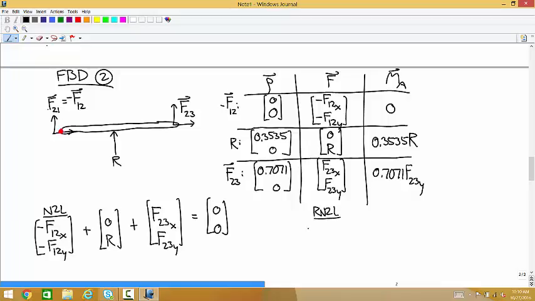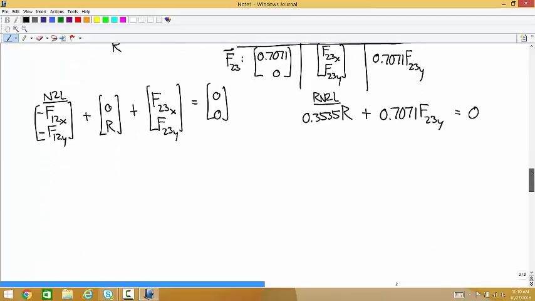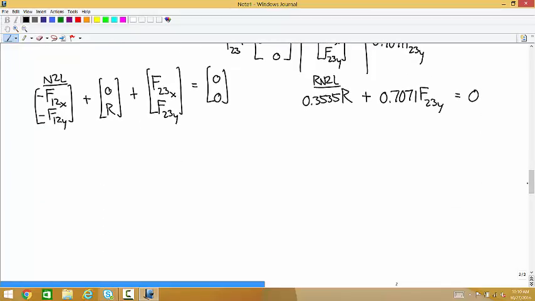And the moment equation says 0.3535 R plus 0.7071 F23y is equal to 0. All right, so these are equations 4, 5, and 6. Equation 4 says negative F12x plus F23x is equal to 0.